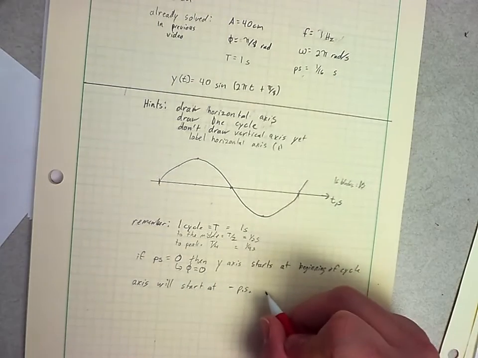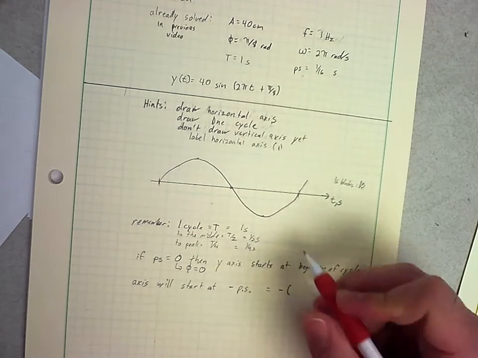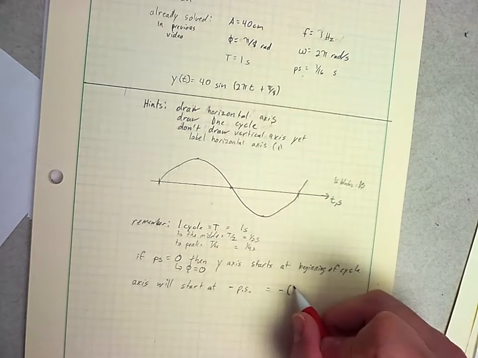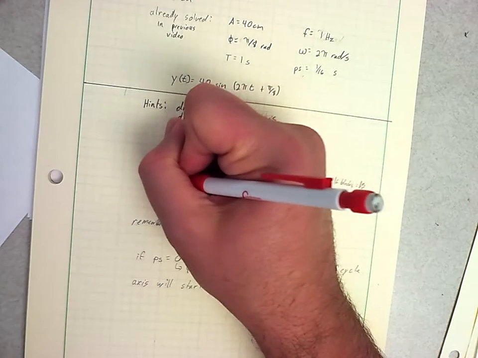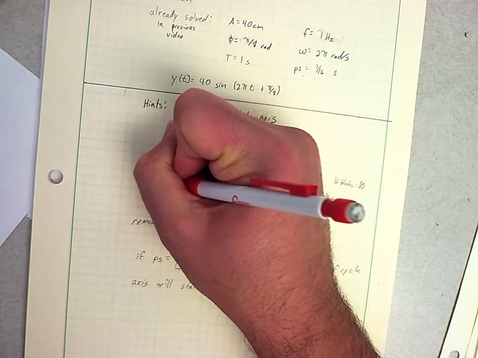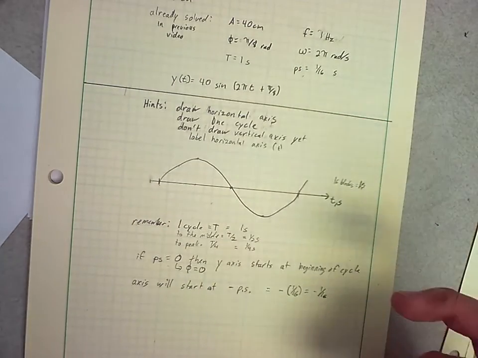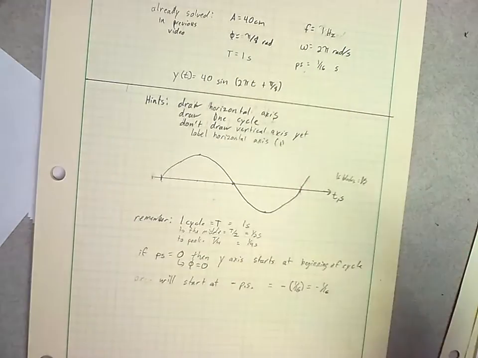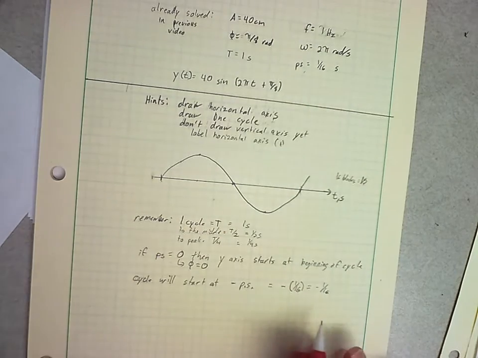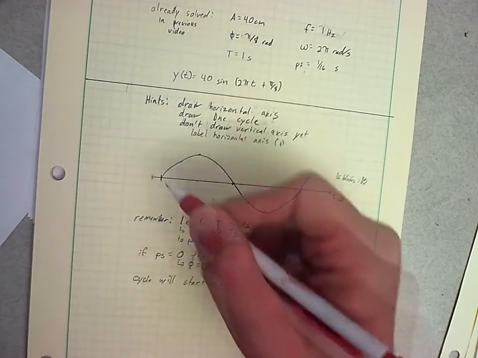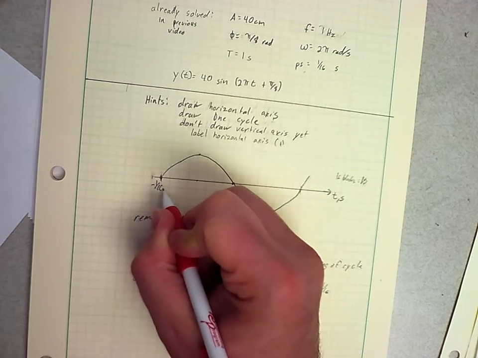That was good thinking, to rearrange my size. So my phase shift, for our particular example, is 1/16, so it's negative 1/16. I said that wrong: not the axis will start there, the cycle will start there. The cycle will start at negative phase shift. So this point here where I start is actually negative 1/16 seconds.